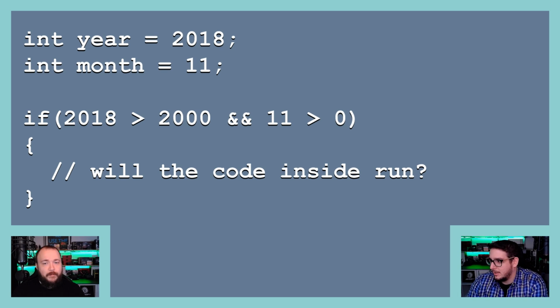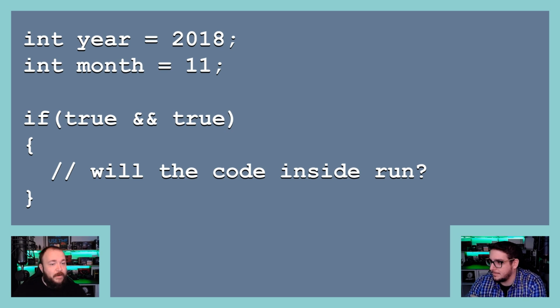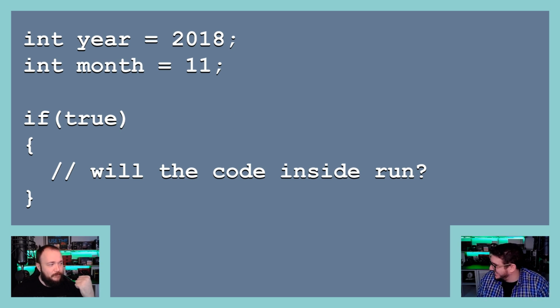Month is now 11, because we only want to deal with numbers, and the variables are just an idea on top of the number, or storage for it. So these are true and true. And like we learned last time, true and true is true.